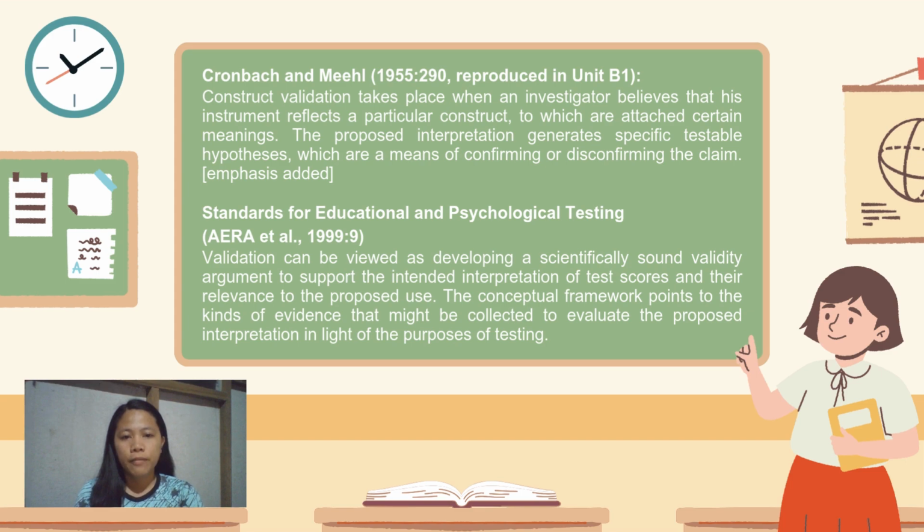The conceptual framework points to the kinds of evidence that might be collected to evaluate the proposed interpretation in light of the purposes of testing. In short, validation is about gathering evidence to ensure that test scores are interpreted correctly and used in a way that aligns with the test's goal.